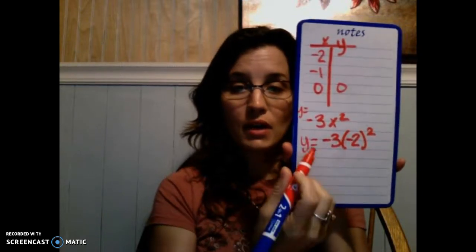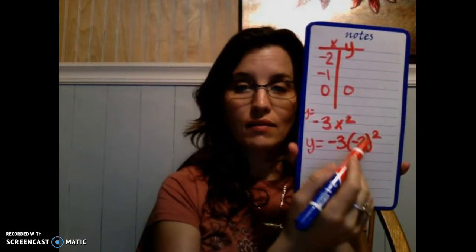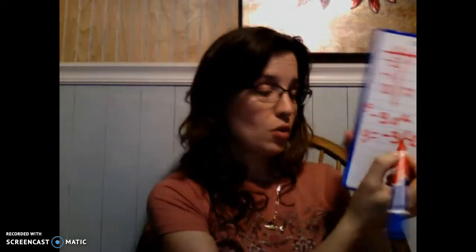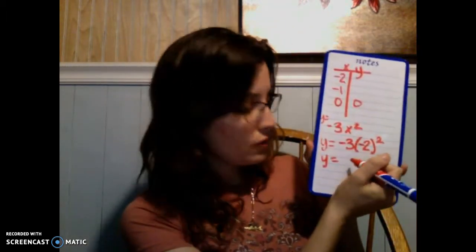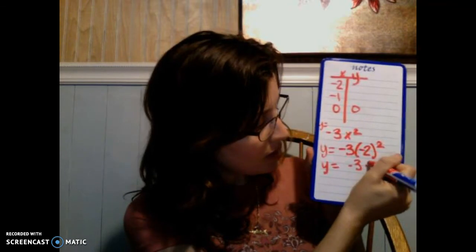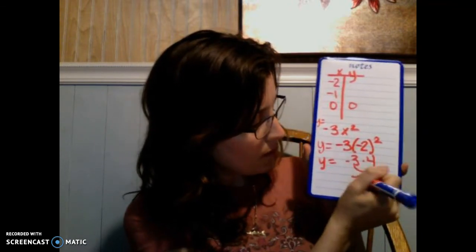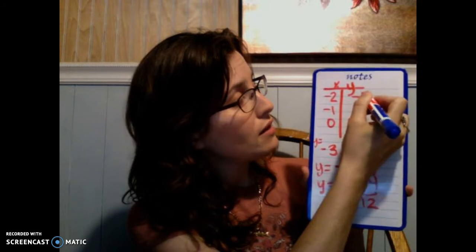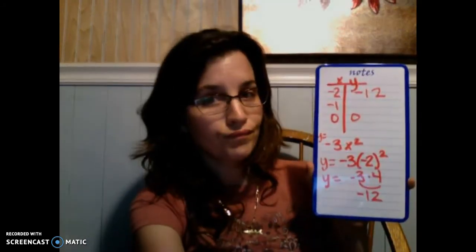So it's negative 3, parentheses, negative 2 squared. I follow my order of operations, which tells me to do negative 2 squared first. Negative 2 times negative 2 is positive 4. So y is equal to negative 3 times positive 4, which becomes negative 12. So when x is negative 2, y is negative 12.